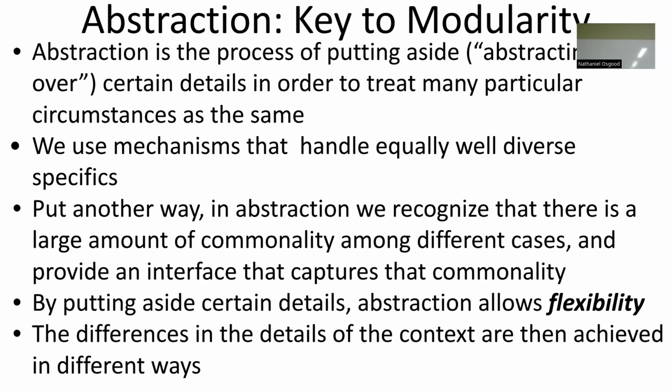So we're putting aside the details of exactly which vectors it has to add by parameterizing, by passing it those. Another case is, as we're going to see, that we alter the implementation of the code. We can swap in different implementations without worrying that it's going to break all the different things that use this abstraction.